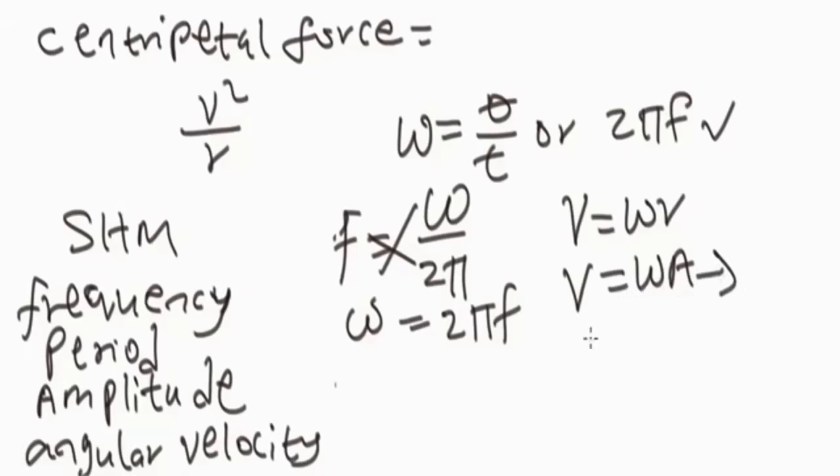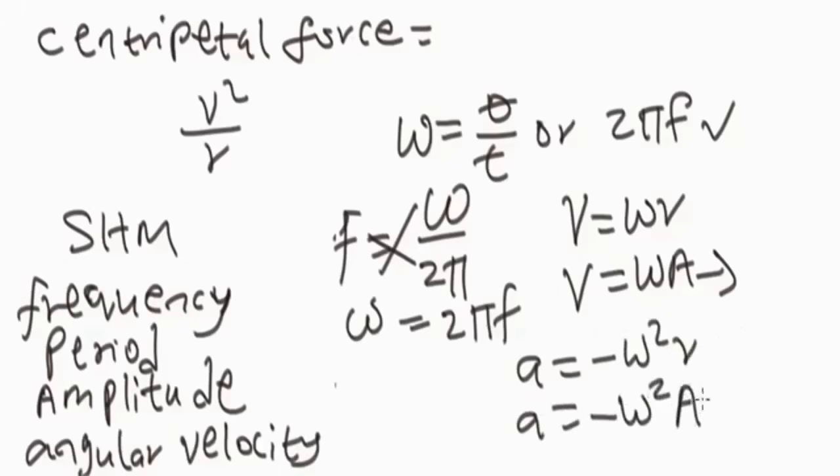Now if you want to calculate the acceleration of a simple harmonic motion, it is calculated using a equals minus w squared r, where r is the radius, or a equals minus w squared A, this capital letter A, which is the amplitude at maximum. Alright, so these are the basic formulas you need to get used to in simple harmonic motion, and you'll be good to go. Most of them you don't need to memorize, you can just derive them. So let's wipe this and solve some problems on it before we call it a class.